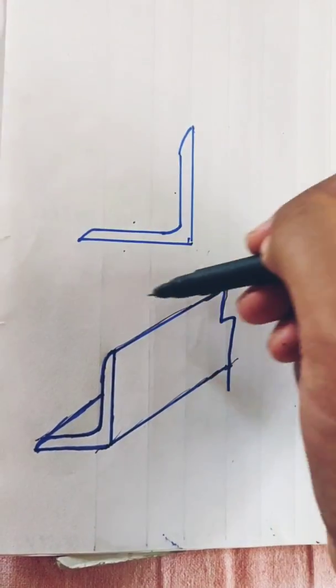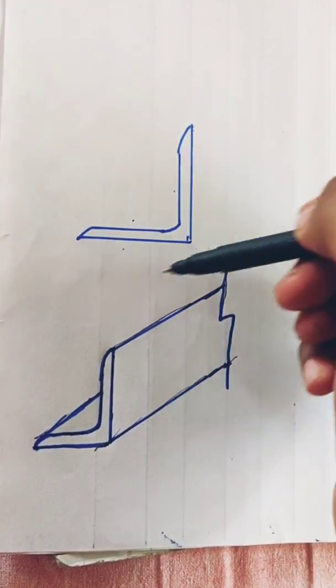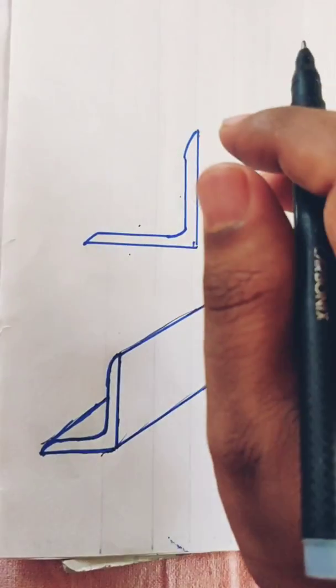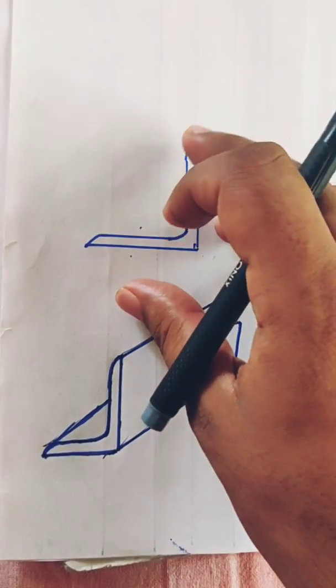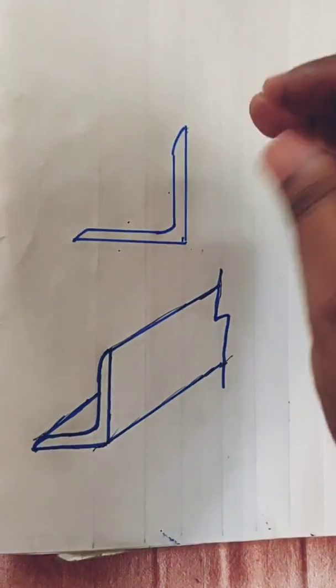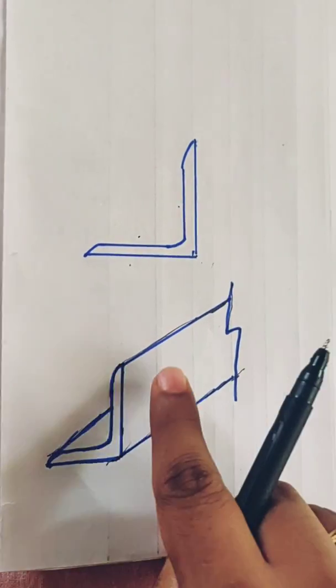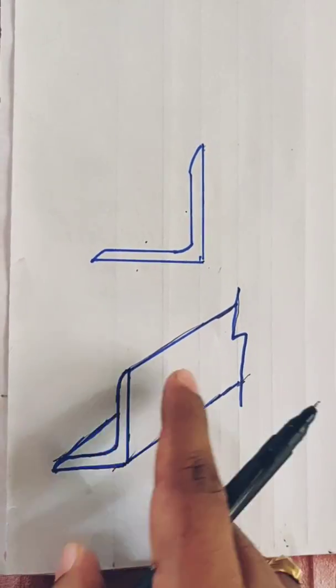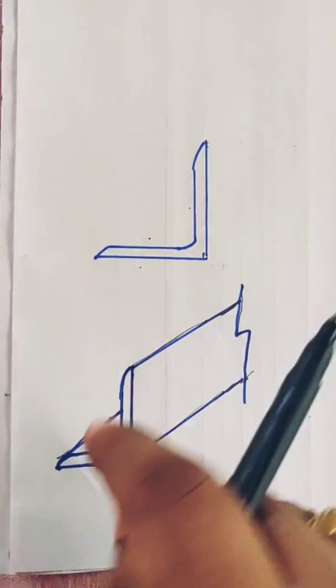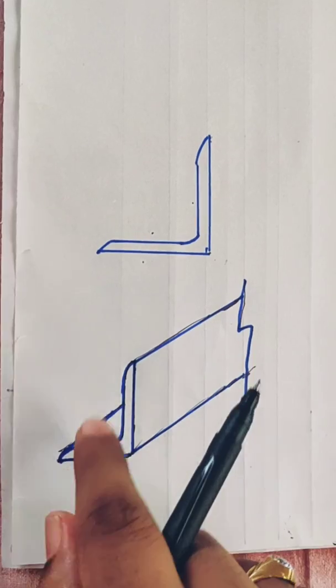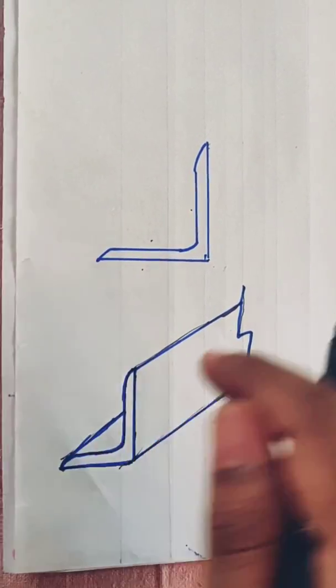Firstly we have to calculate the perimeter of this particular angle section. I know this length. You are going to paint on the back side, on the front side, on the bottom side and on the top side, right?